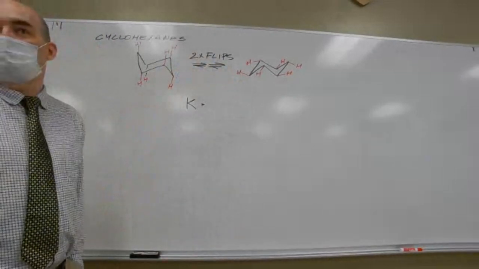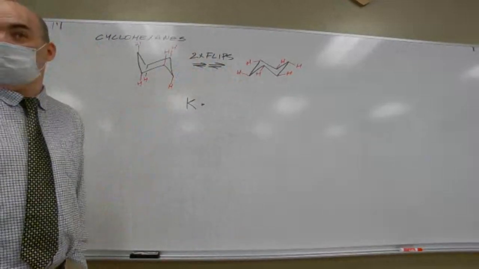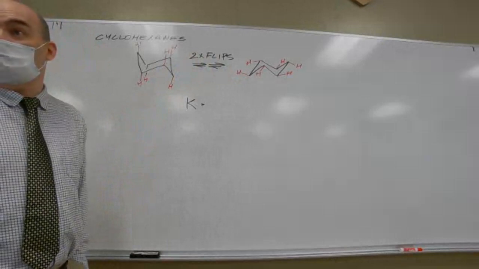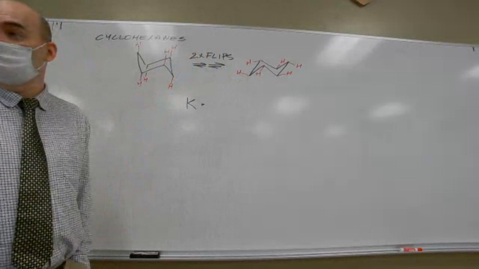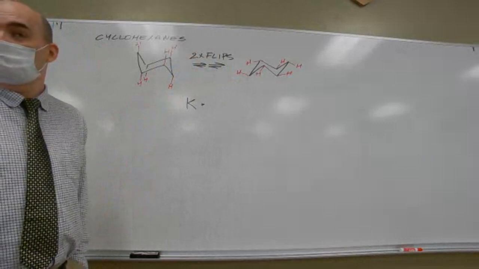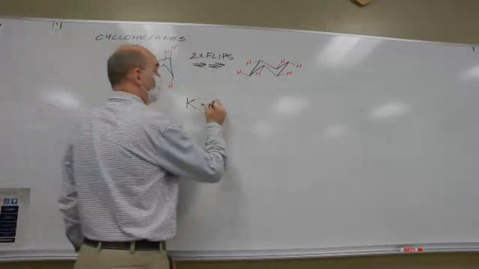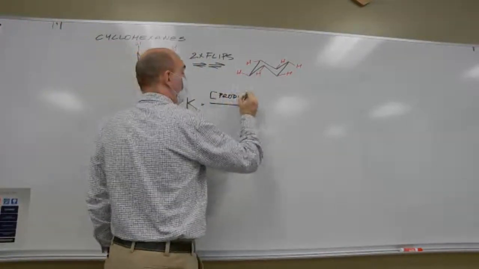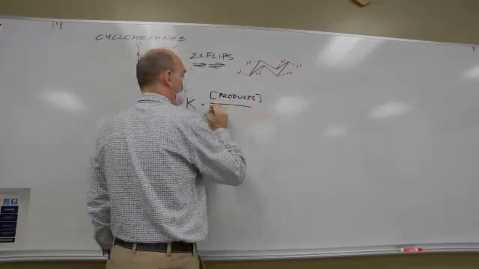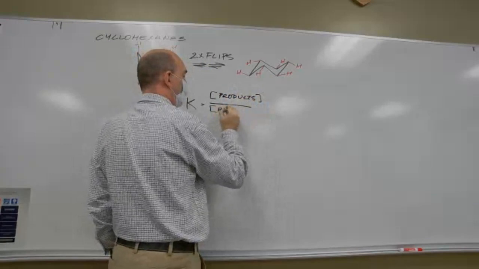These 2 conformers, these are conformational isomers or conformers. The value of K was the concentration of products divided by the concentration of reactants.